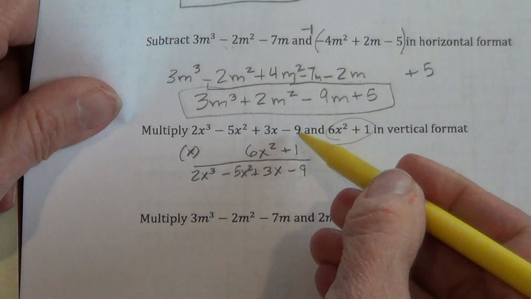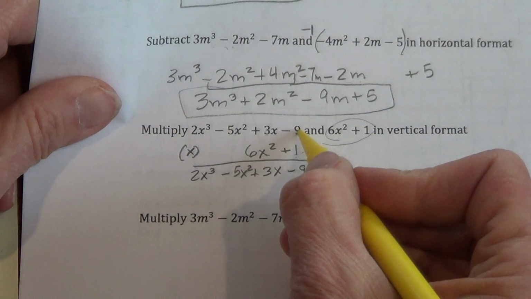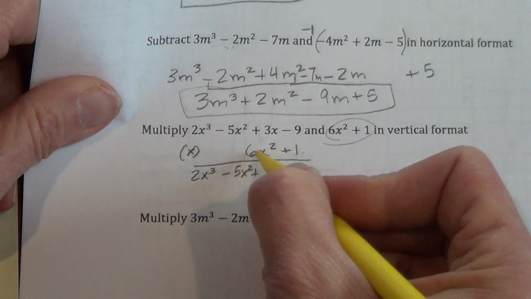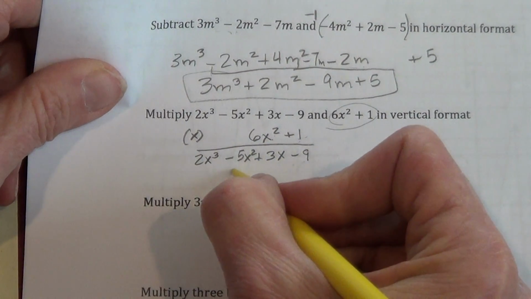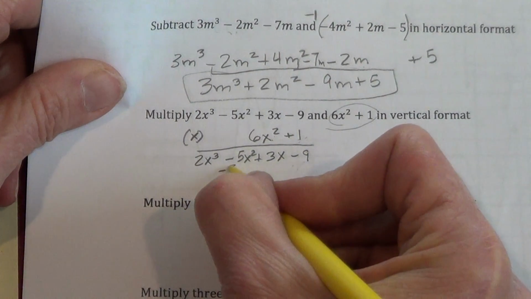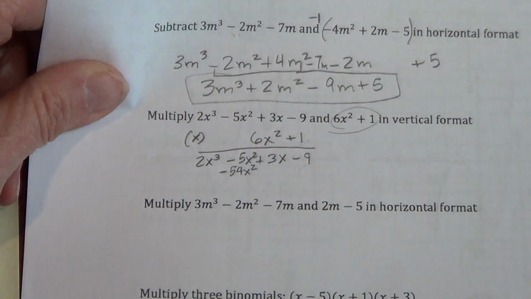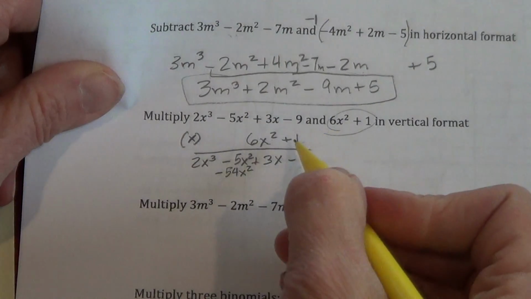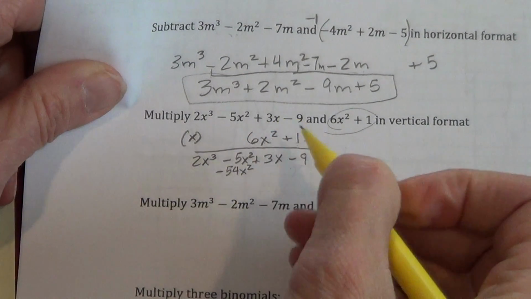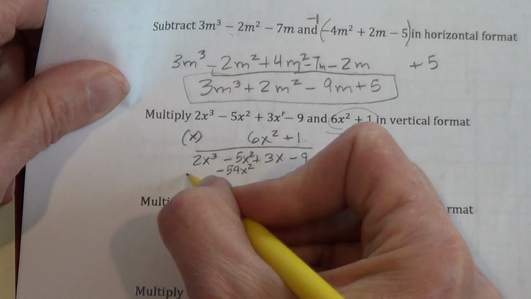Now I take 6x squared times negative 9. Negative 9 times 6 would be a negative 54x squared. So I need to move that clear over under the x squared term. Okay, they won't always skip in that much. What I do is I find my product and then I find the like term for it to be written under. 6x squared times 3x would be, remember you add their exponents, so it's 18x cubed.